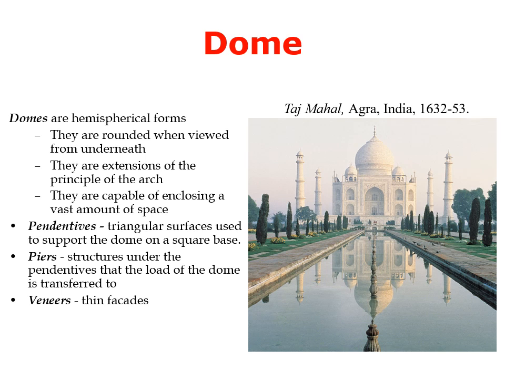So the next is the dome, and the dome is still based on the arch. You just spin that arch 360 degrees and you get a dome. Here the Taj Mahal was built by the Islamic culture of the Mughals, and this particular type of dome is often referred to as an onion-shaped dome.